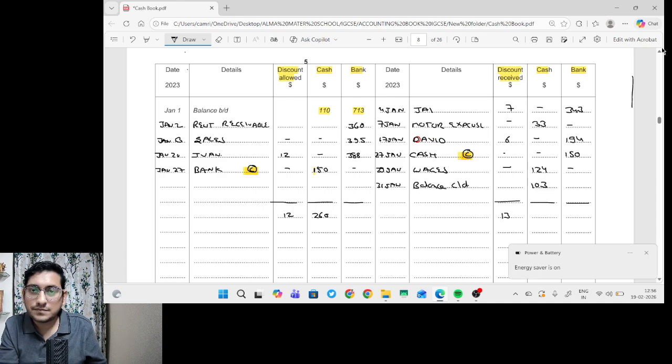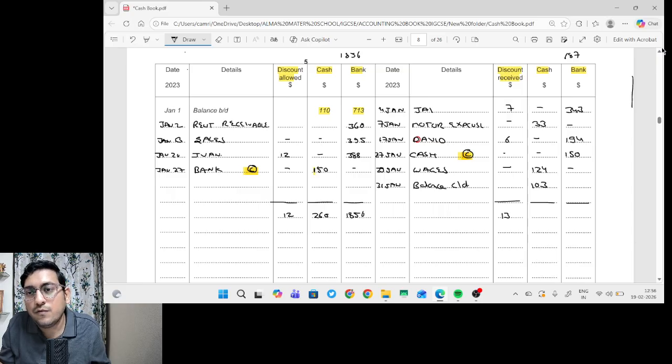So the debit side is 1856. Please check the credit: 343 plus 194 plus 150. That is 687 on the credit side. So the debit side is higher, right? So we'll write the debit side 1856.